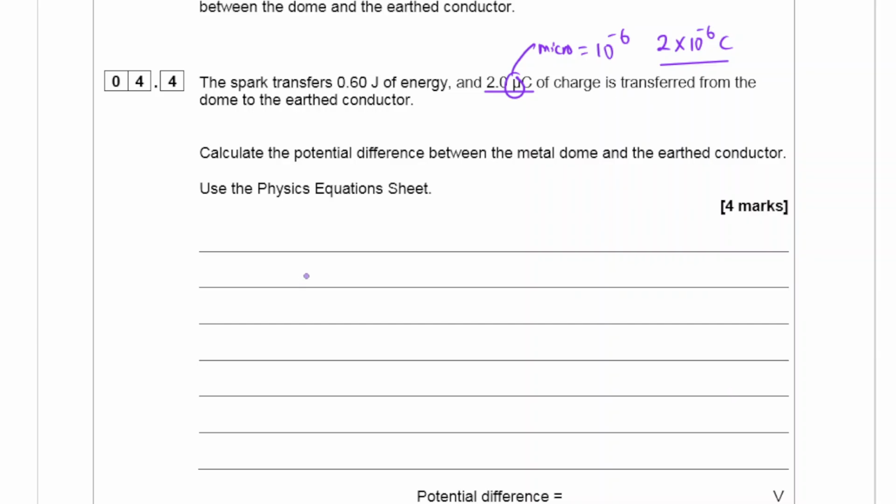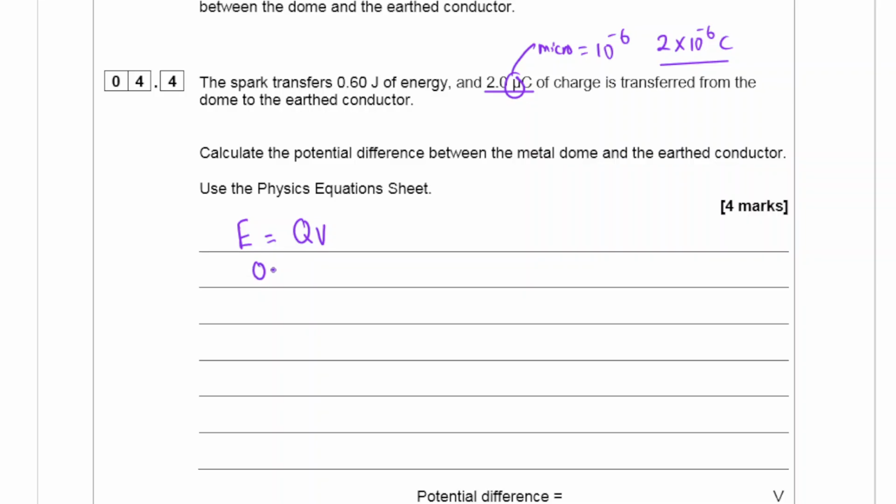So we have energy equals the charge multiplied by the potential difference. E equals QV.